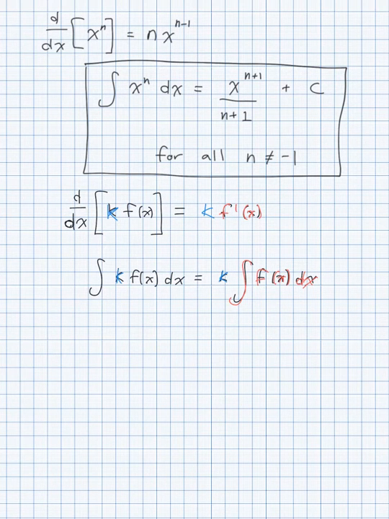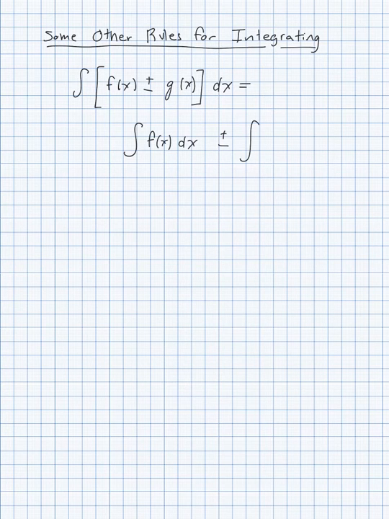Let's review some other rules quickly. Here we have some other rules for integrating. If I'm integrating f of x, adding or subtracting some other function g of x, and I'm integrating both of those functions with respect to x, this is the same as integrating f of x dx and then adding or subtracting the integral of g of x dx.